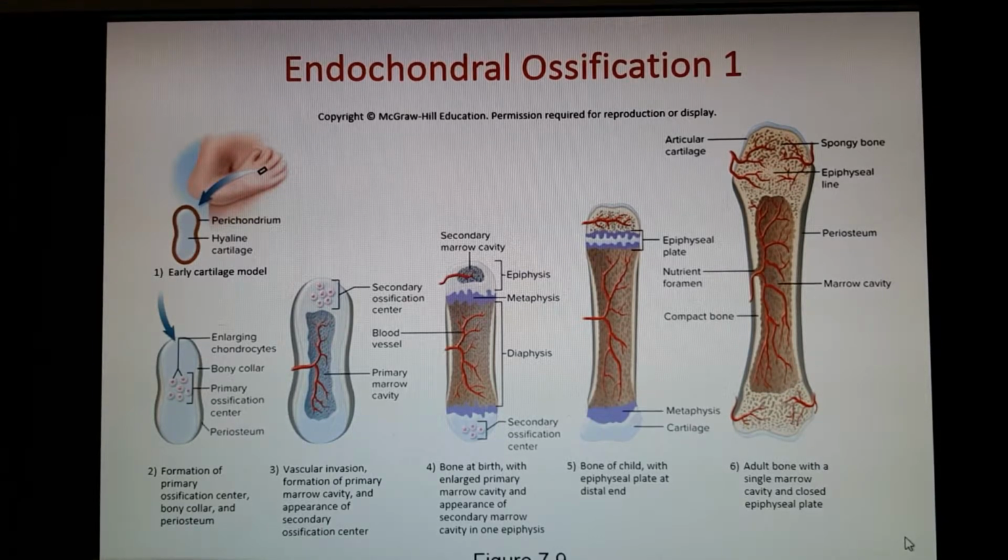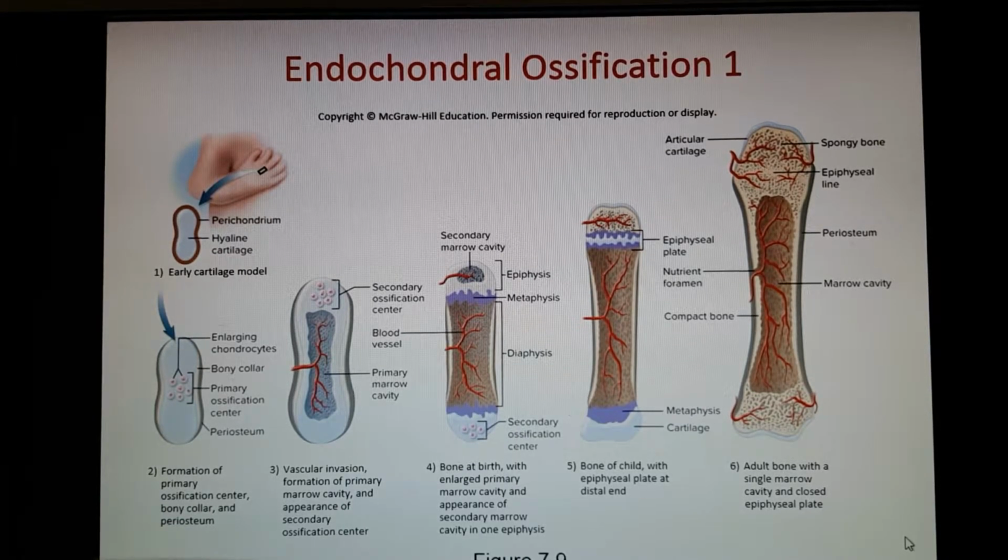The other type of bone development is called endochondral ossification. So your infant bones start off as hyaline cartilage covered with perichondrium. So this hyaline cartilage eventually is going to develop into our bone, and this is how we lengthen the bones.